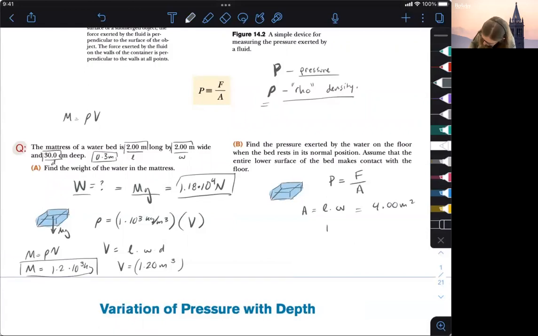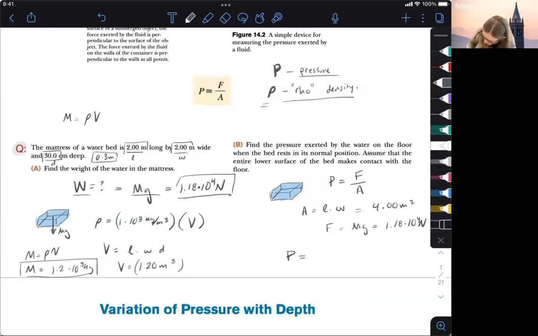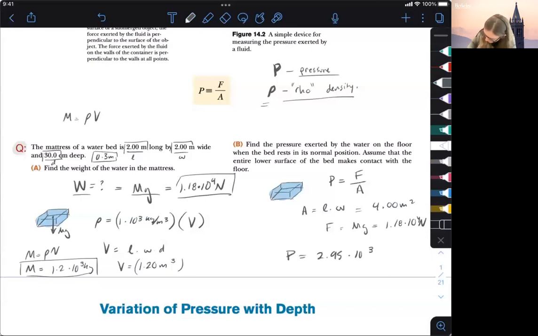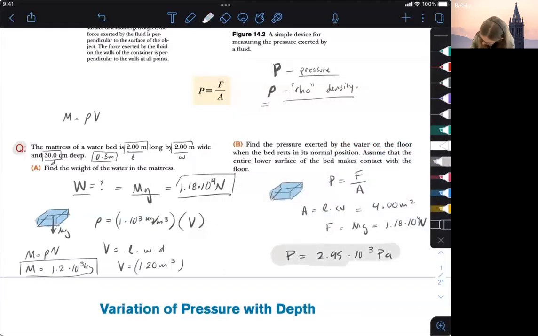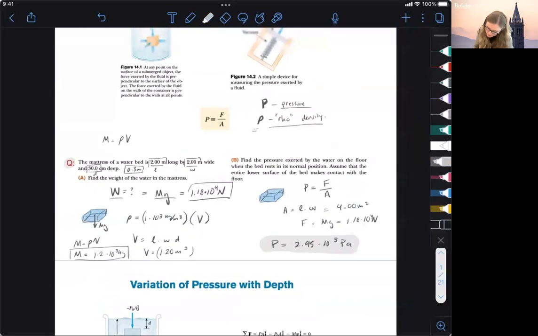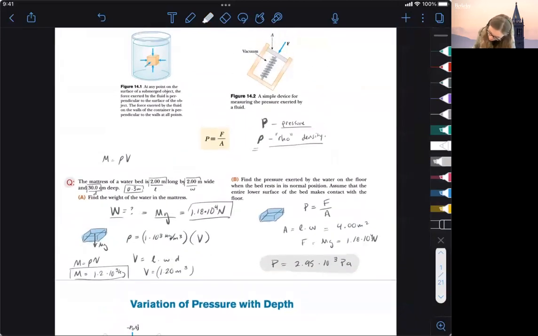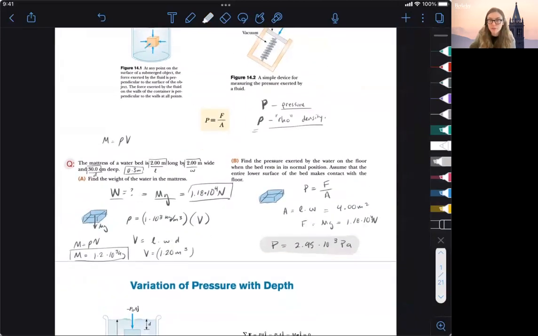And then the force is equal to mass times gravity, which we found before, in newtons. All we need to do is divide those, and the pressure that is exerted on the floor is going to be equal to 2.95 times 10 to the third pascals for our unit. Okay, and that's our unit for pressure. So I'm going to go ahead and stop this, and then we're going to talk about variation of pressure with depth.